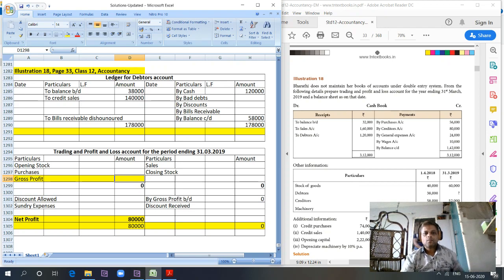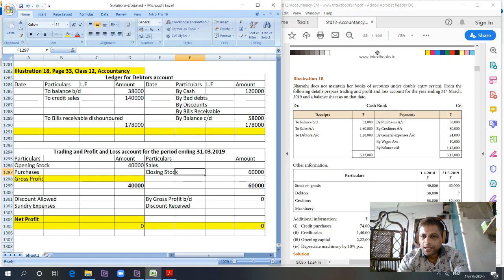Let's take what is the opening stock of goods, 40,000. Do we have closing stock? Yes, we have closing stock of 60,000. We have purchases? Yes, credit purchases 74,000.